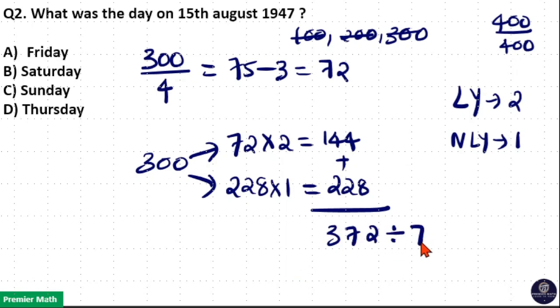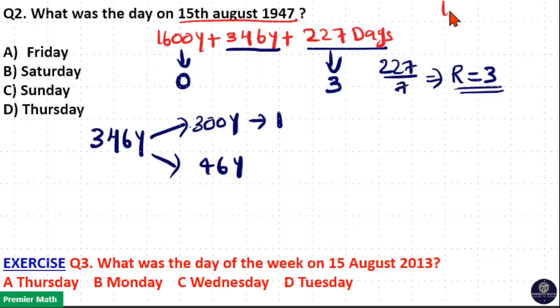That is, 372 by 7 will give you remainder 1. That is, in 300 years there is only one odd day. So always remember this concept: in 1600 years there is 0 odd day, in 400 years there is 0 odd day, in 300 years there is 1 odd day, and in 100 years there are 5 odd days.